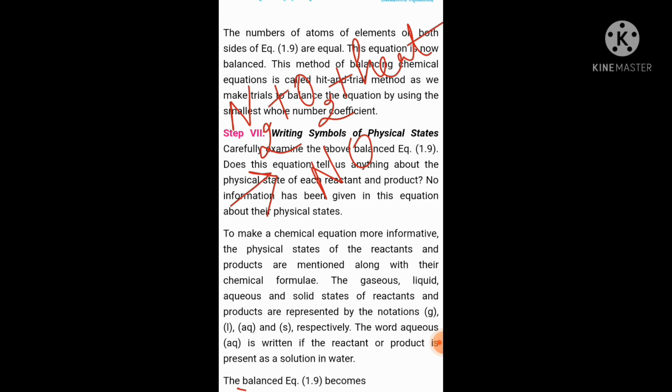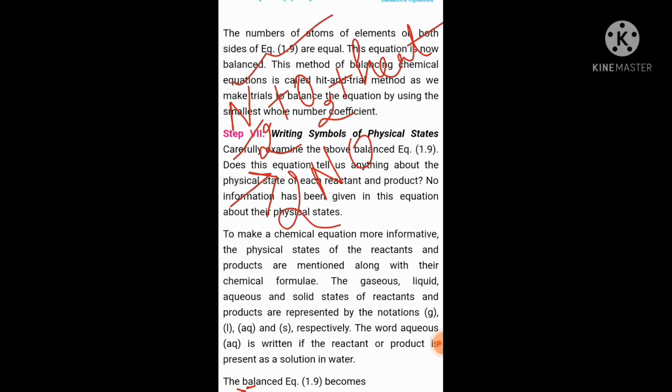Again it is not a balanced chemical equation. Now you see, the number of nitrogen on the left hand side is 2, right hand side is 1, oxygen 2, here 1. Okay, so now how to balance? Put 2 on the right hand side. Now see, the number of nitrogen on the left hand side is 2, right hand side is 2. The number of oxygen on the left hand side is 2 and right hand side is 2. Now it is a balanced chemical equation. Okay.